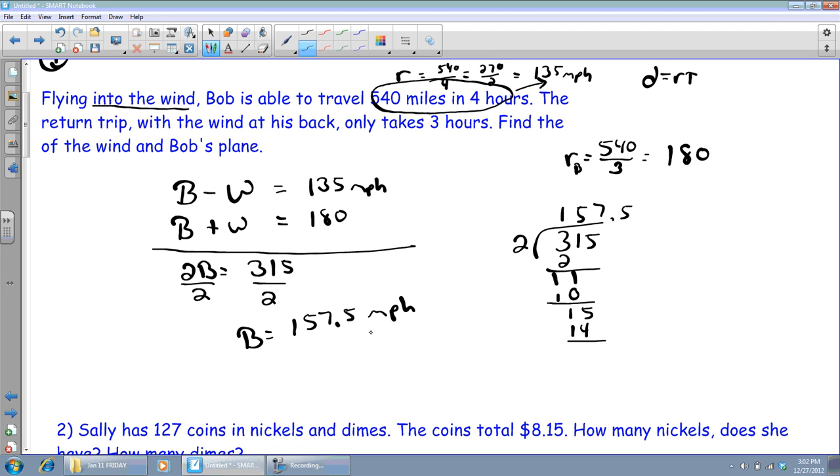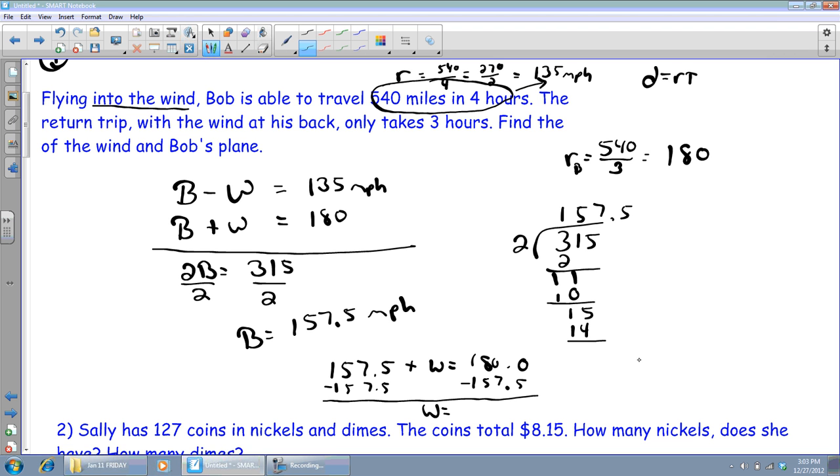All right. Well, I can do 157.5 plus W equals 180. So I'll subtract 157 and a half. Again, I just like to reason this out. I mean, I can do it the math way, but just reason it.